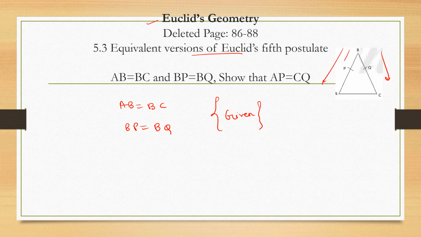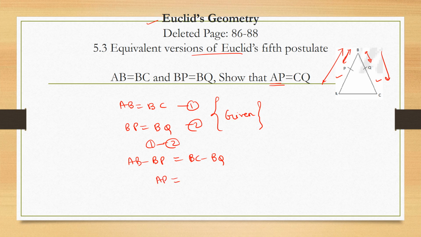That means this small part, right? Now we have to show AP equals CQ. So it is very obvious, right? What I can do is take away the second from the first: AB minus BP and BC minus BQ. What is left? If you have this whole AB, and if you take away BP, what is left?